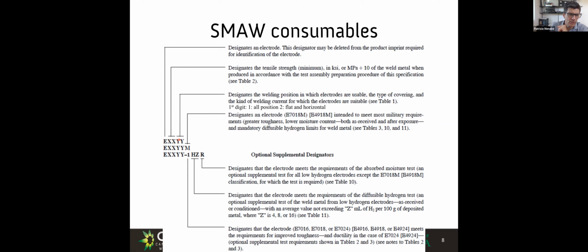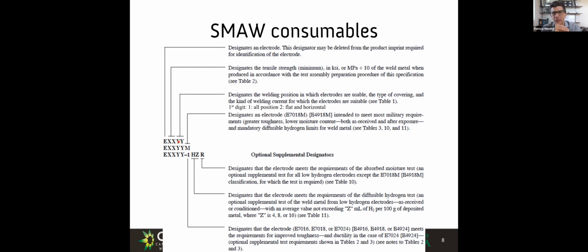And then the last 2 digits relate to the type of flux they have. So if the third digit is a 1, that means this can weld in all positions. If the third digit is a 2, it means it's good for flat and horizontal.